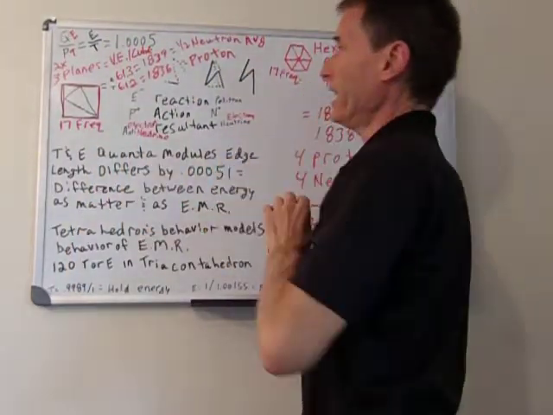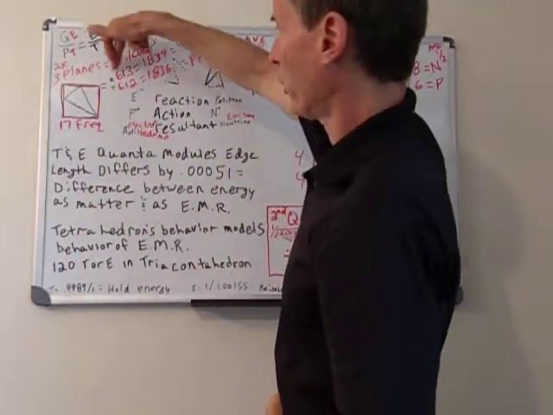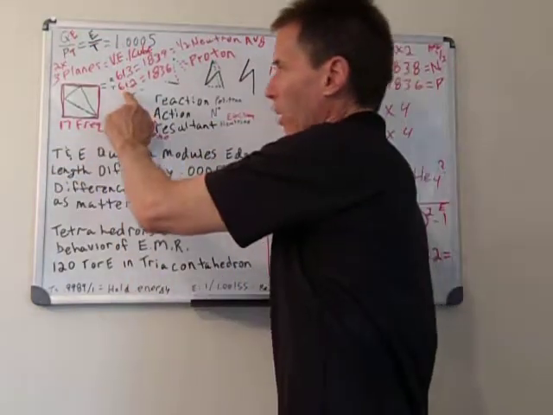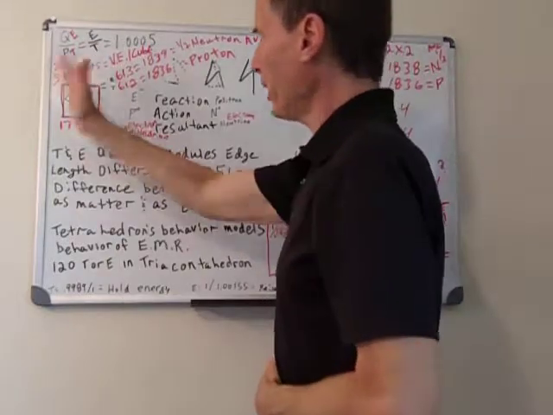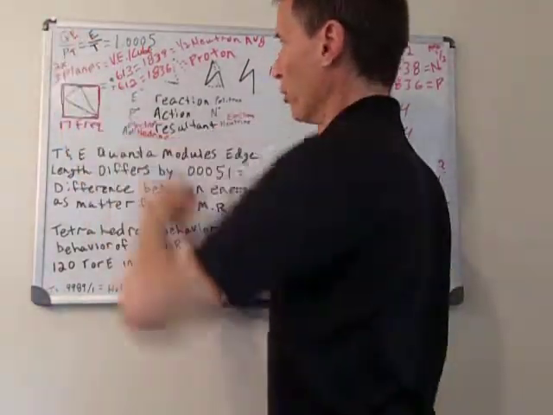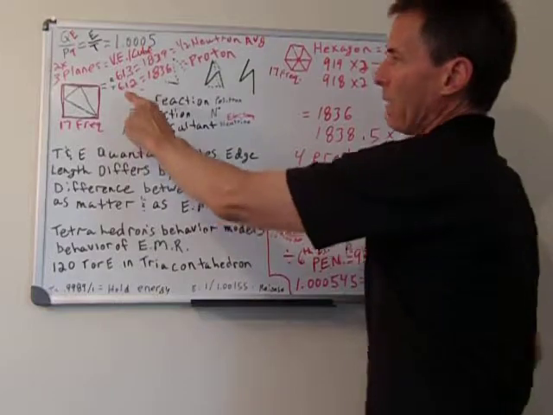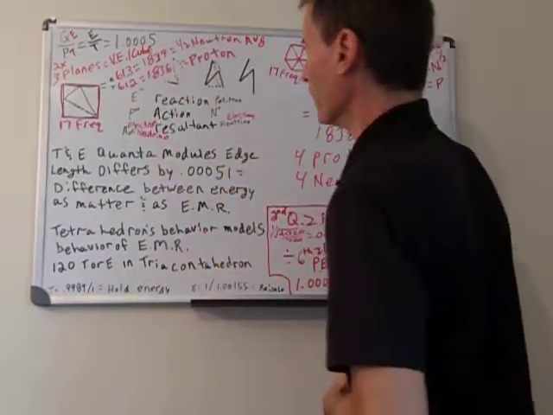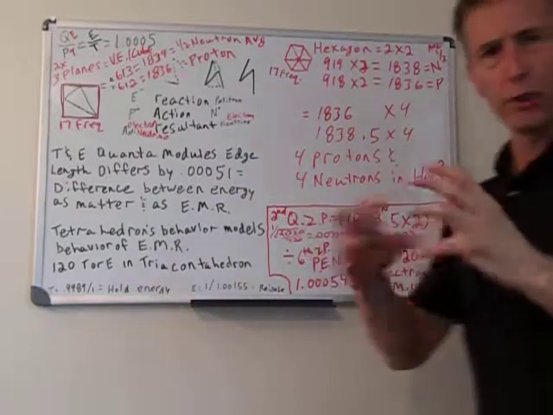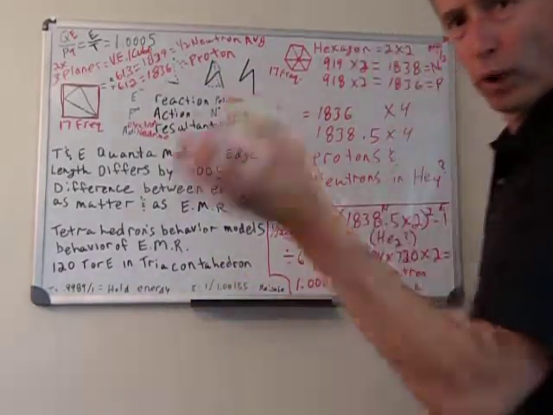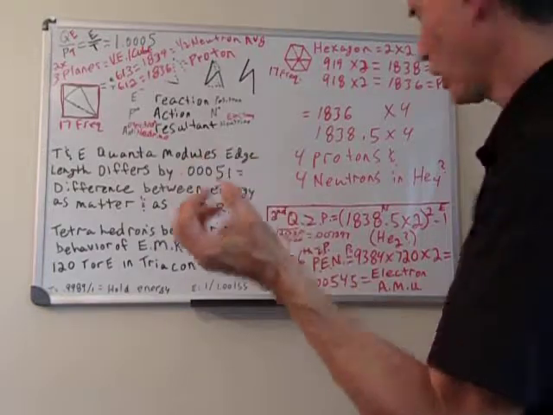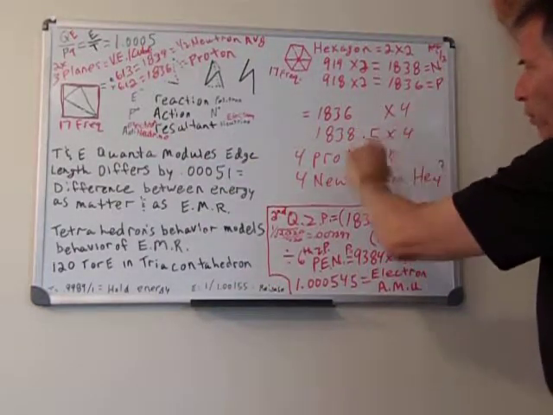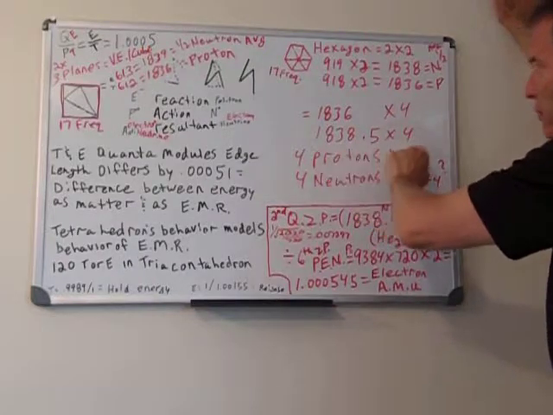When the 919 is using the ball, the 613 can't use it. The square can't use it because the hexagon's using it. So I have 612 balls on 3 planes times 2 directions. That means I've got 1836 ratioing with 1839. This is creating an interesting intermixing when only one of the planes can use the central sphere. It's creating a matrix where we've got 1836 times 4 ratioing with 1838.5 times 4.